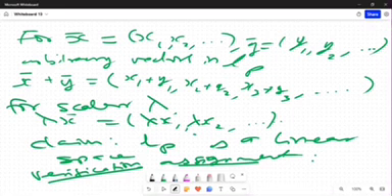So I've defined my vector addition. I've also defined my scalar multiplication. Of course, the challenge you need to do is to show that this lp together with the addition is an abelian group.